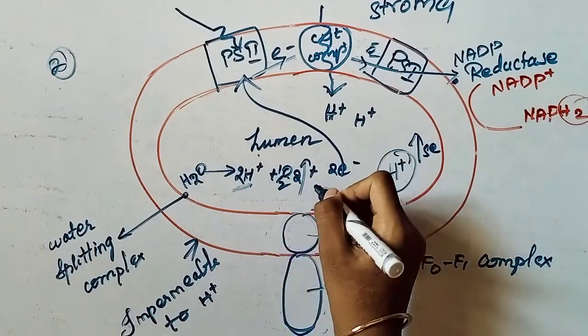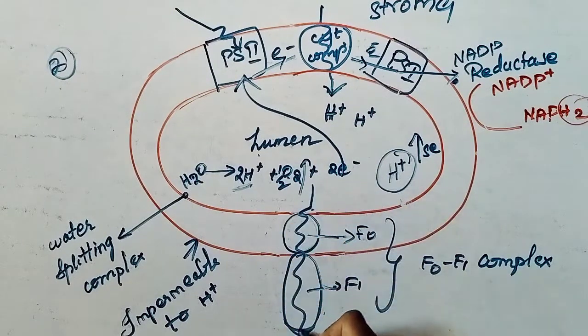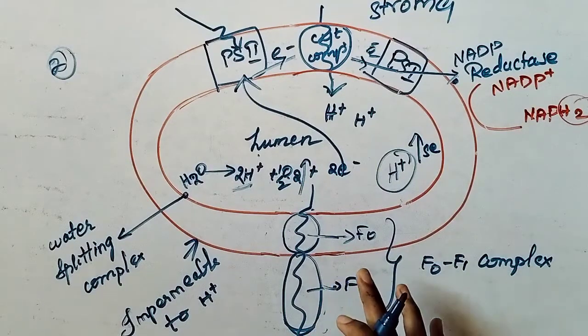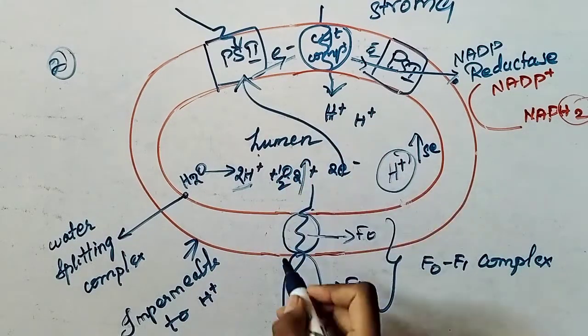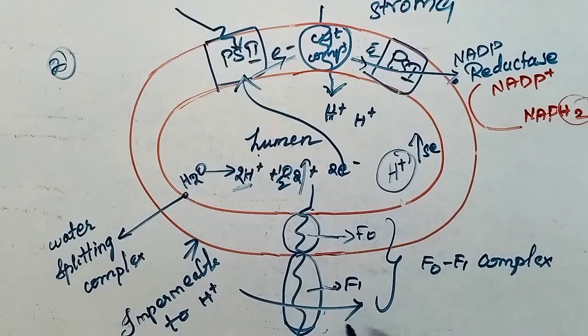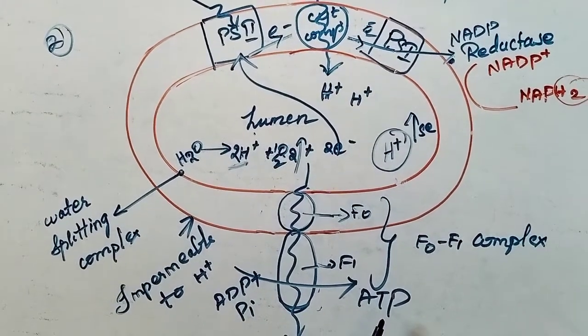While they carry hydrogen from inside to outside, they form ATP from ADP plus inorganic phosphate. Clear?